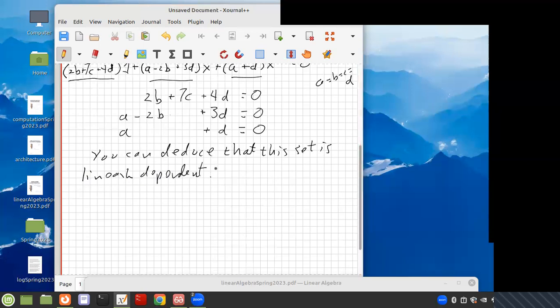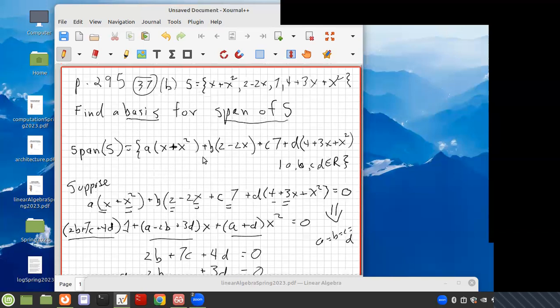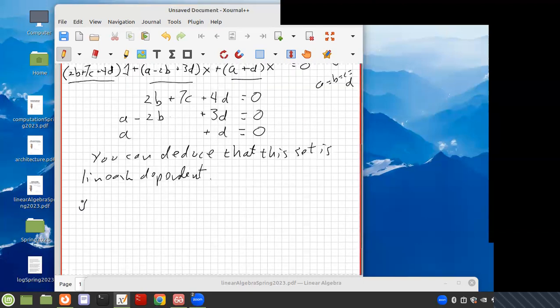You could also realize this because the enclosing space of these polynomials is P2, the space of all quadratic polynomials, and we've seen that the dimension of P2 equals 3.